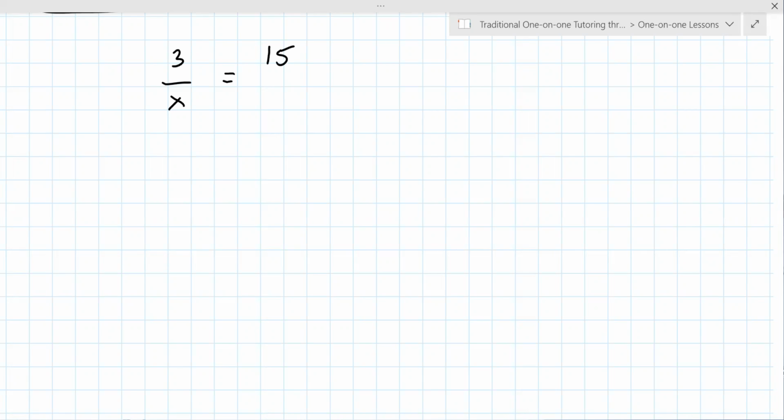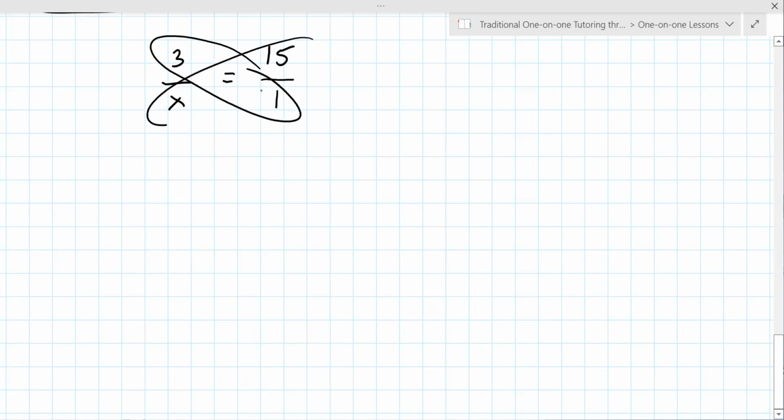Now I just remember. So for that, you should write 15 as a fraction. What is 15 as a fraction? 15 over 1. Okay, so now you're going to cross multiply.